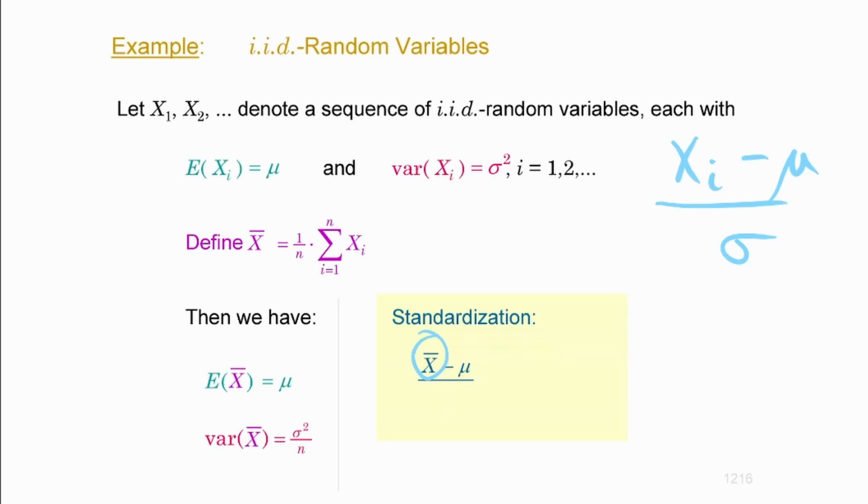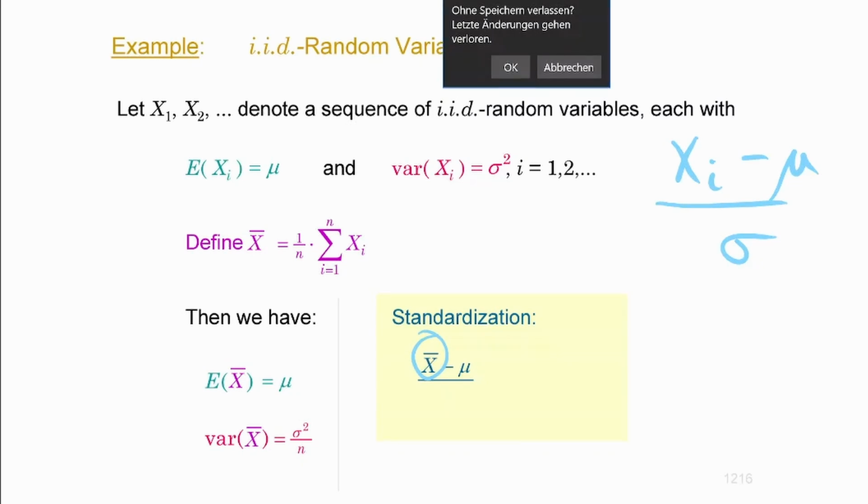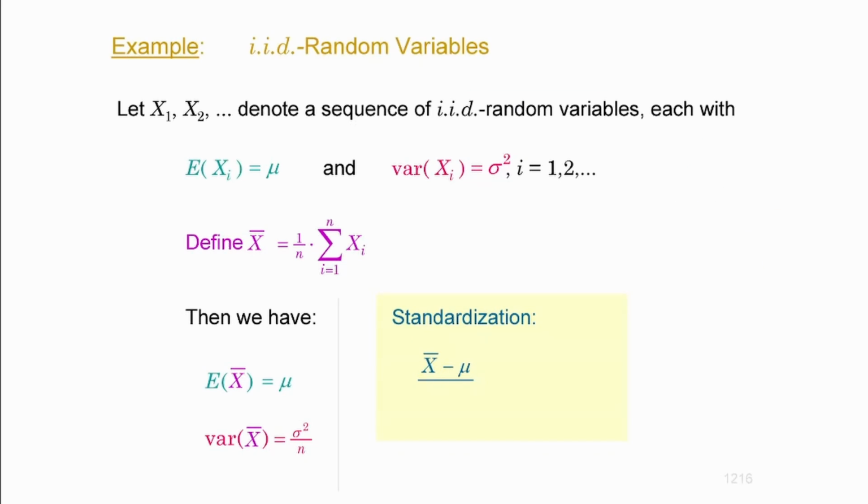It is sigma by the square root of n, because the standard deviation of the sample mean is the square root of sigma squared by n, which is going to be sigma by the square root of n. So I'm going to divide this expression by sigma by the square root of n.